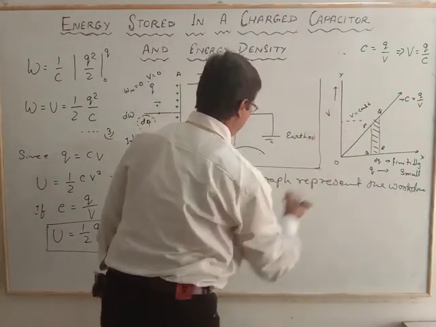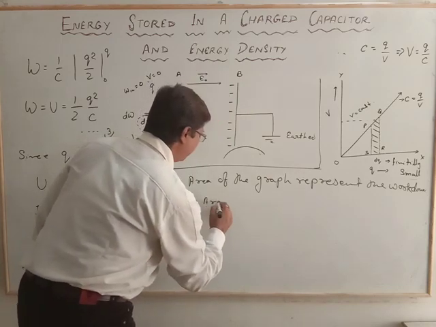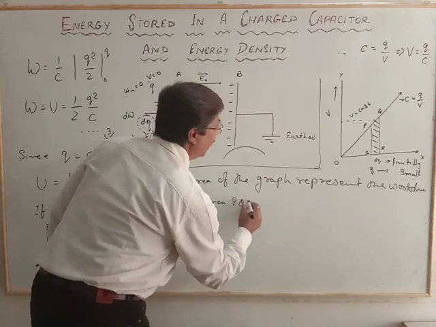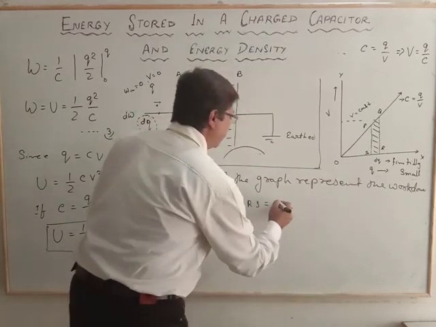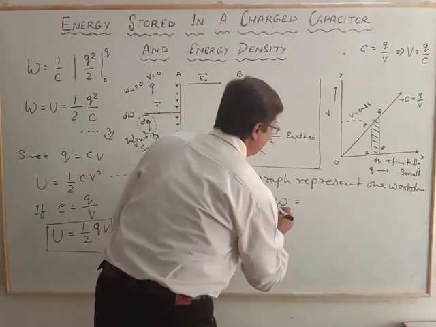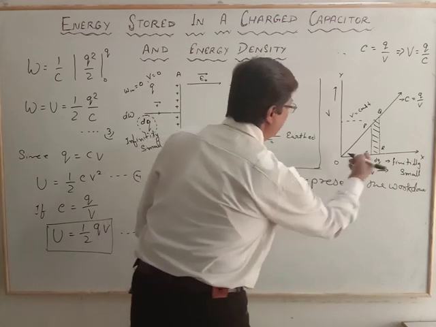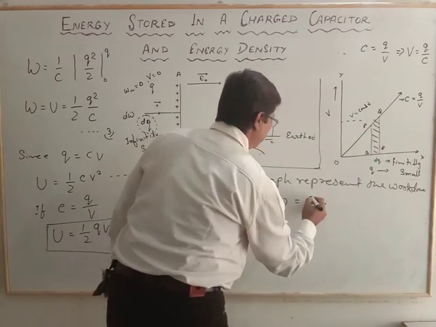That is the PQRS area. That area is equal to what? Work done, that is the small work done dW, is equal to dq into V.